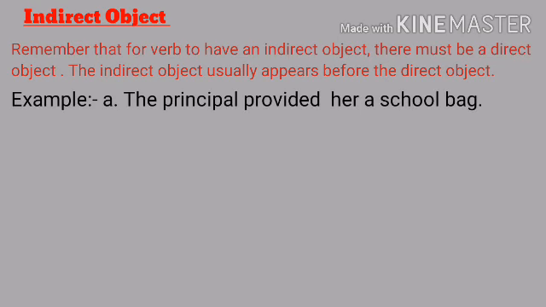For example, the principal provided her a school bag. In this sentence, the word her is indirect object because it appears before the direct object, a school bag.